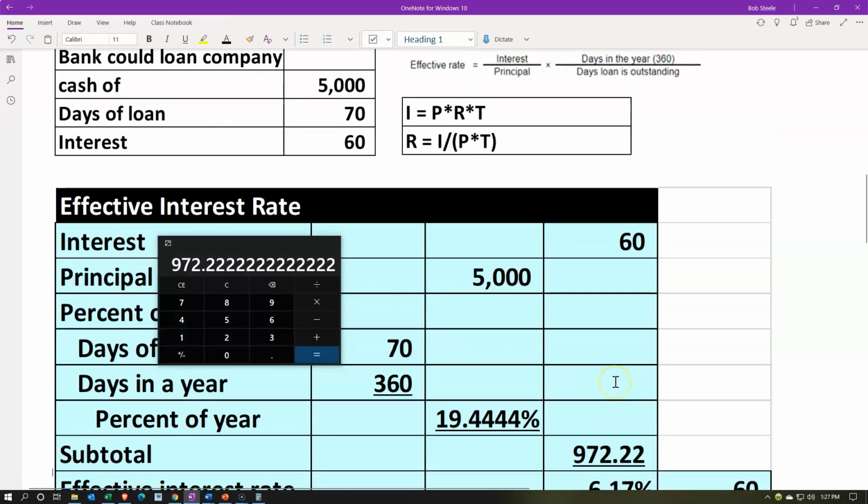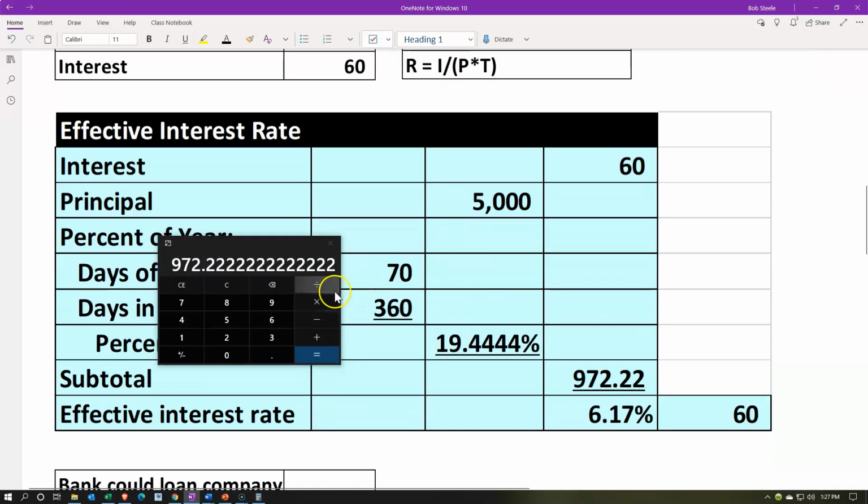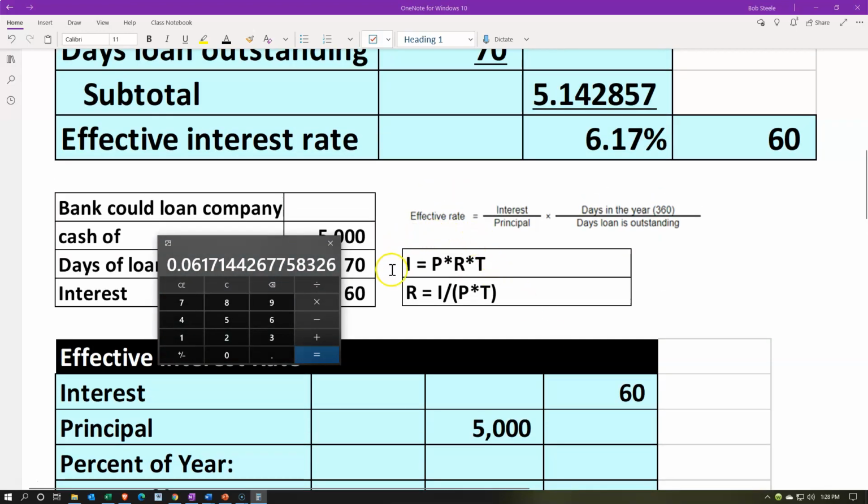So then we can take the interest divided by that number. So now we're going to take the interest 60 divided by the 972.22 is going to give us, if I move the decimal over, about 6.17%. And again, we can prove that by plugging it back into our interest formula, and we should get back to 60.